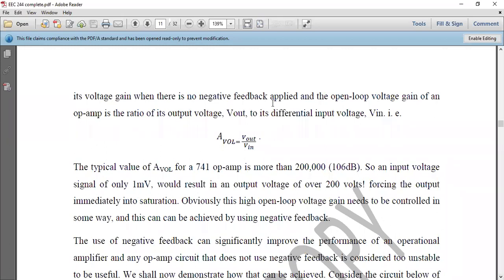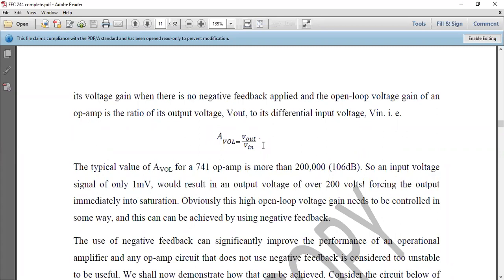And as you know, with all amplifiers, the gain of the amplifier can be determined with the formula we have on the screen. A_VOL equals V out divided by V in. That is, the voltage gain A is equal to output voltage divided by input voltage.